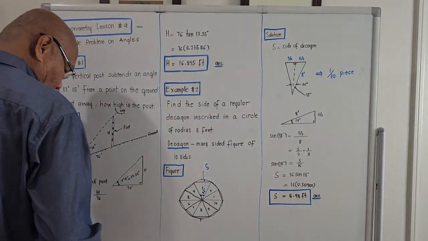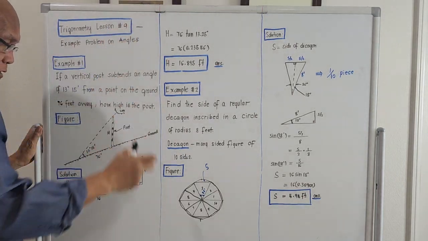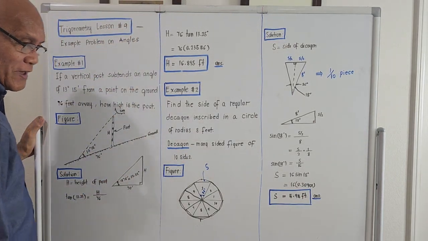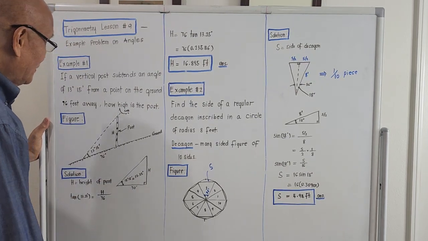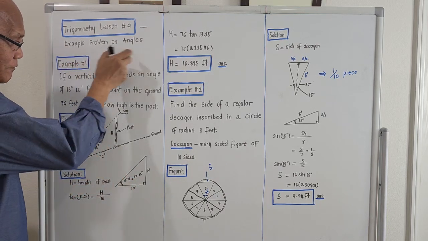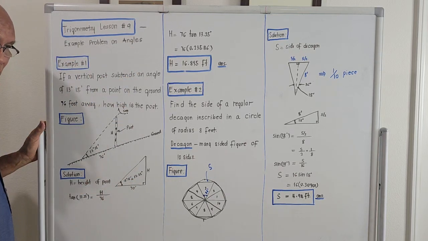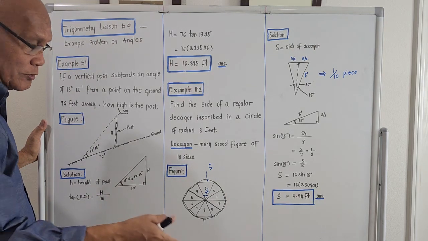The subject matter for tonight will be trigonometry, lesson number 9. We are now on lesson number 9 and we are running smoothly on the study of trigonometry. The title of the topic for tonight will be example problems on angles, and the other definitions of trigonometric functions.